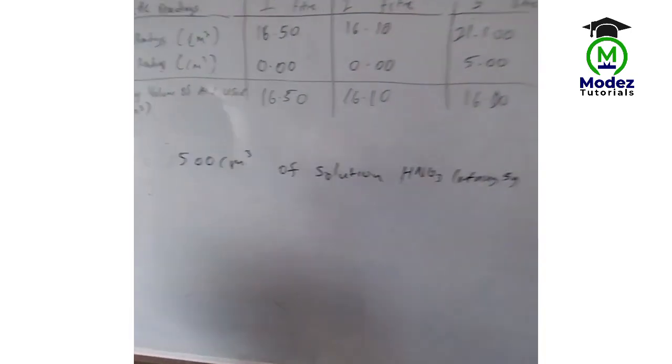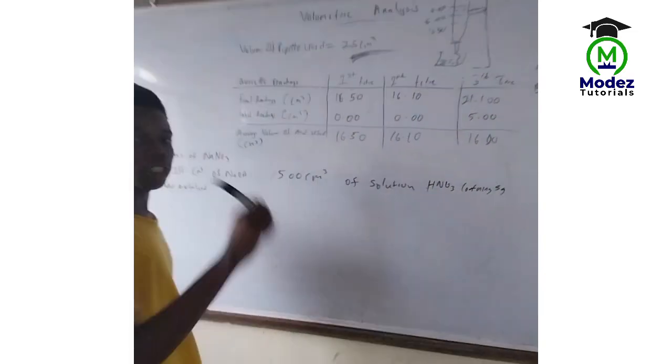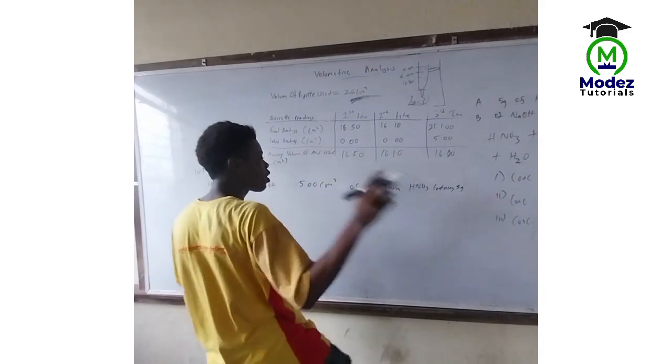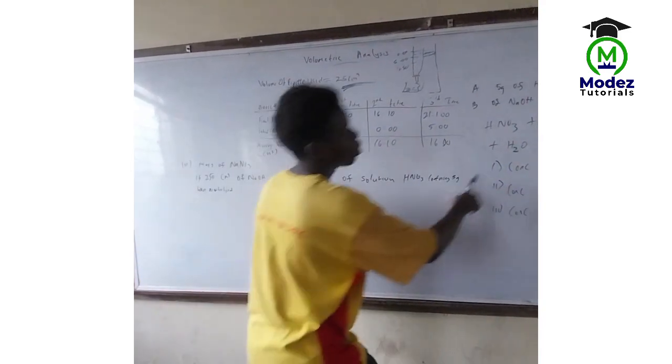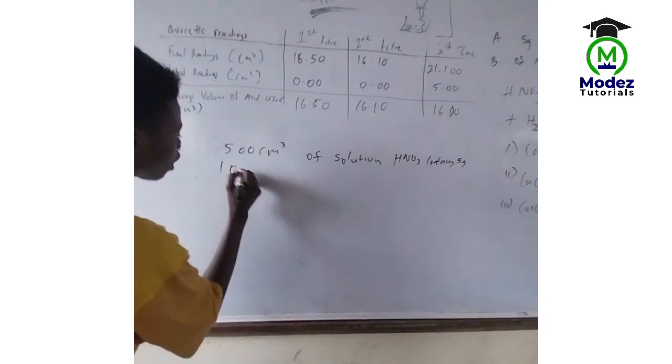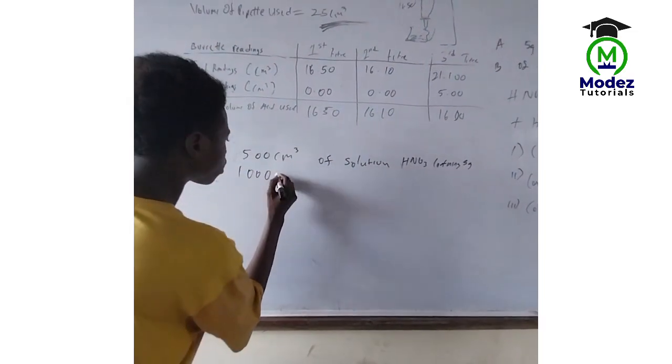And remember, when you are calculating in dm³, 1 dm³ is equal to 1000 cm³. That's why we are converting to mole per dm³.